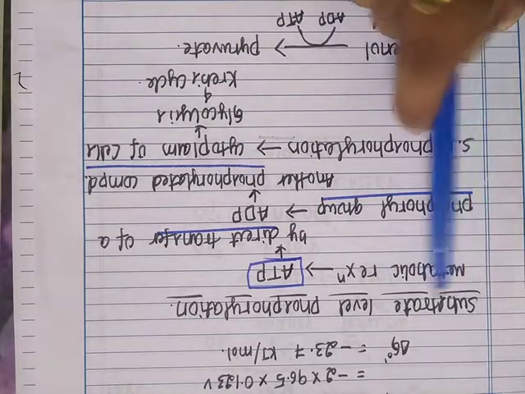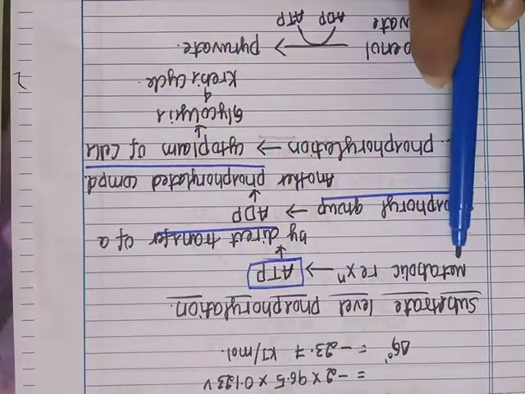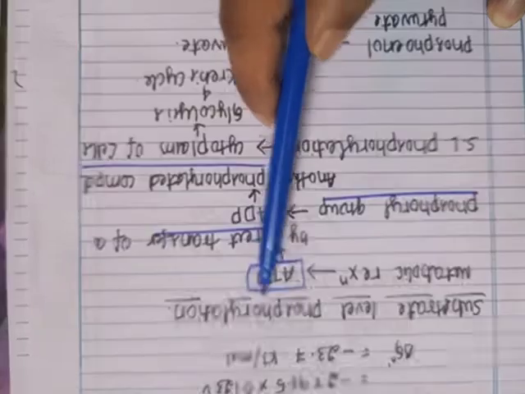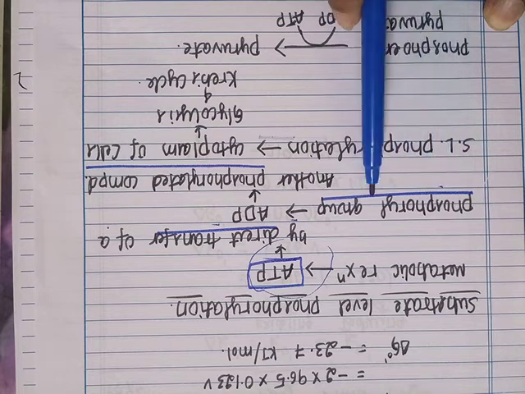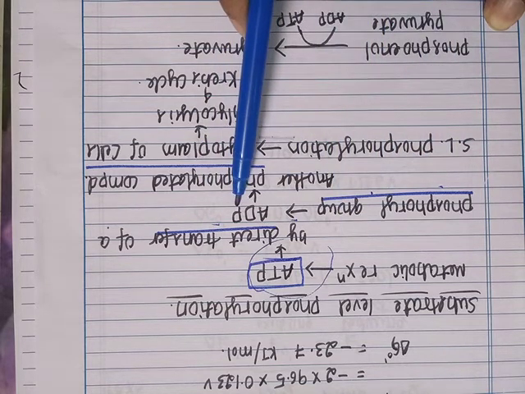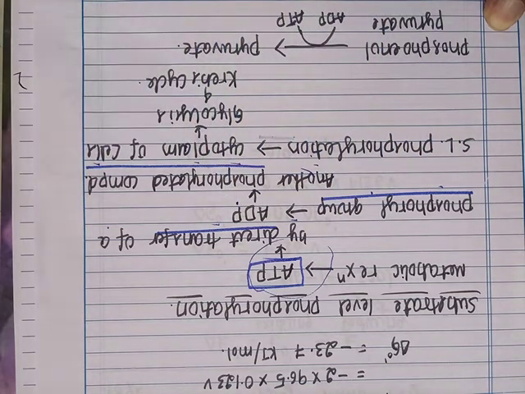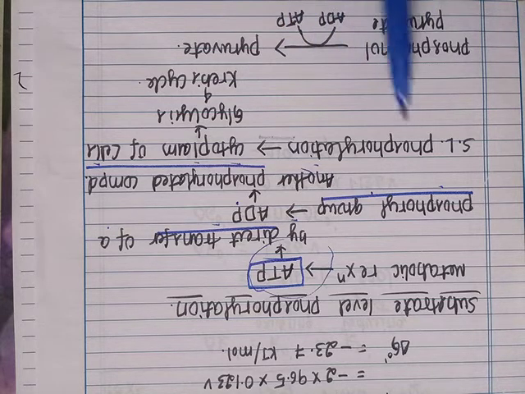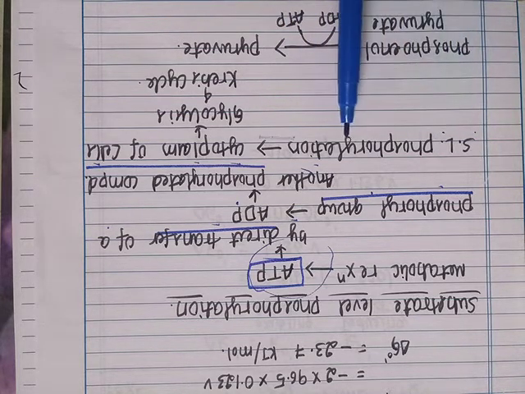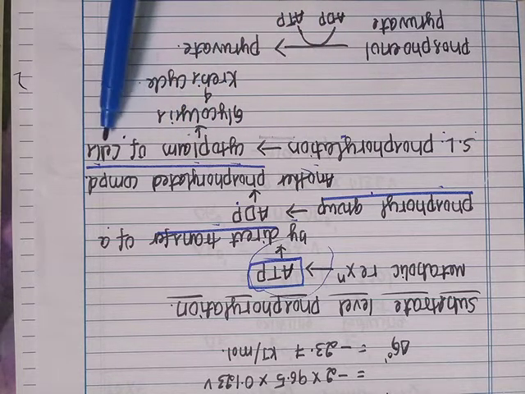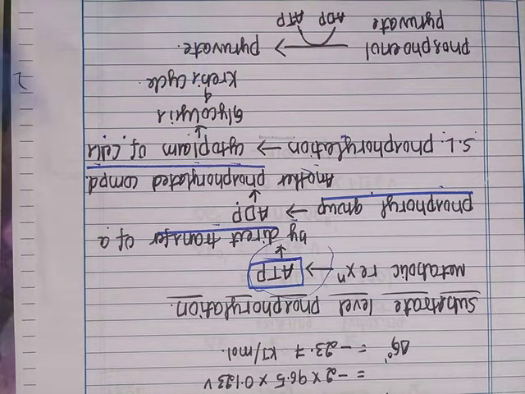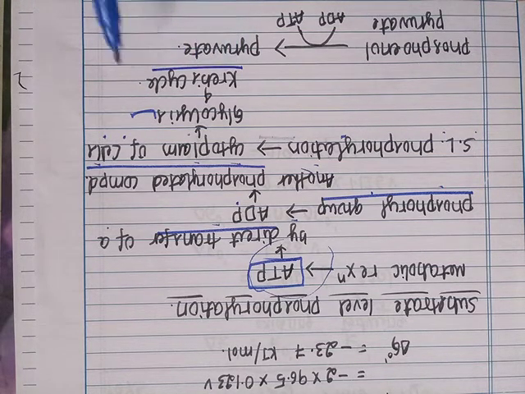So substrate level phosphorylation is a metabolic reaction where ATP is formed by the direct transfer of a phosphoryl group to the ADP to form another phosphorylated compound. This occurs in the cytoplasm of the cells during glycolysis, and also in the Krebs cycle.